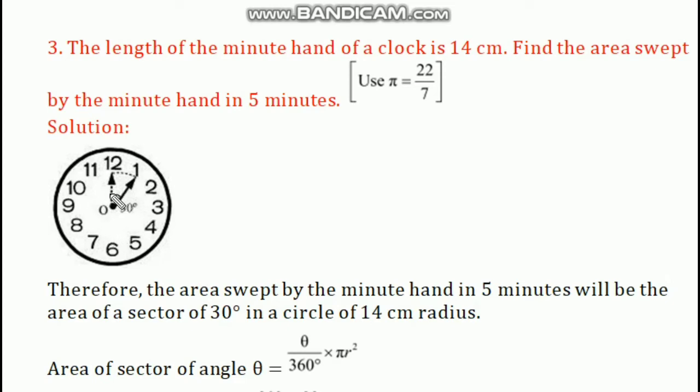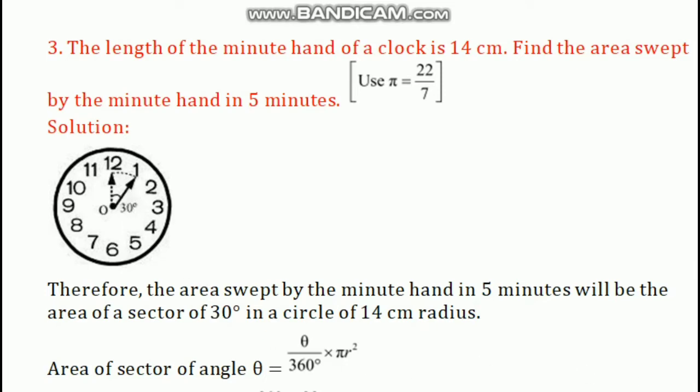Okay, so after 5 minutes the minute hand will reach 1. So the angle is 30 degrees. The angle between 12 and 1 is 30 degree. Angle is 30 degree and the radius is 14 centimeter. So easily we can find out this area.